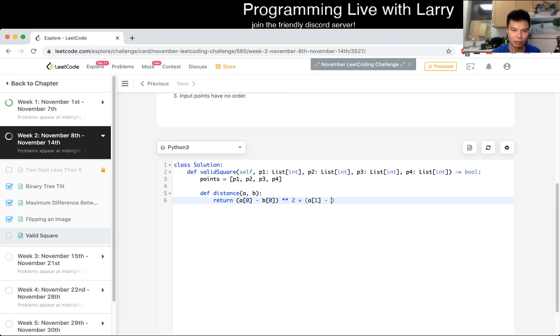So this is just a normal distance formula, and then we just get all pairs of the distances. And given 4 choose 2, there should be 6 pairs, right?